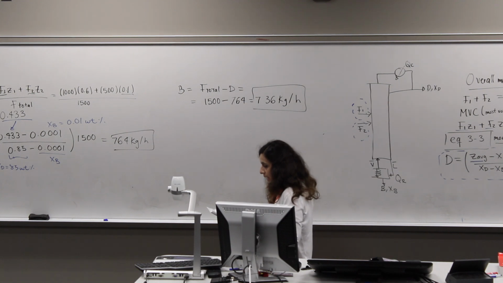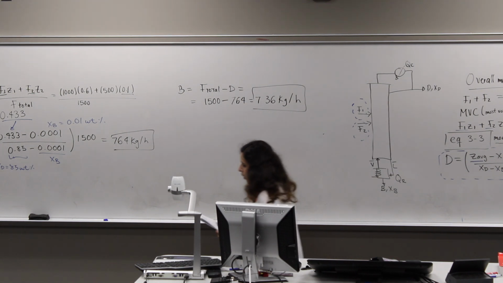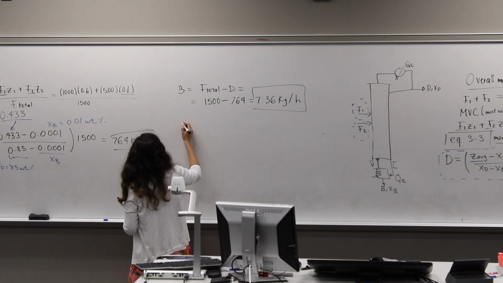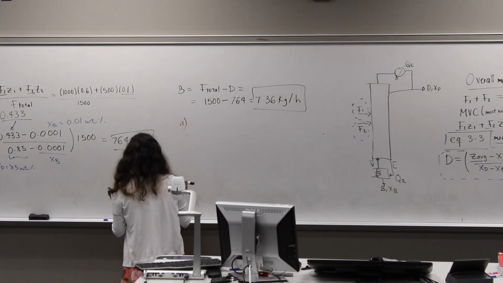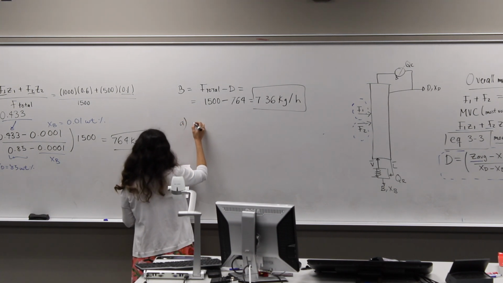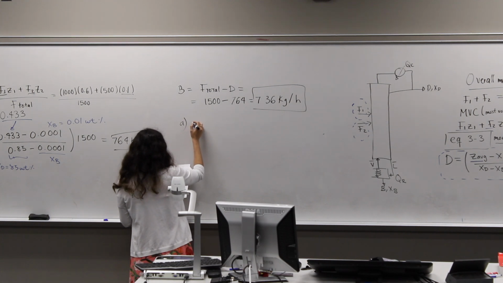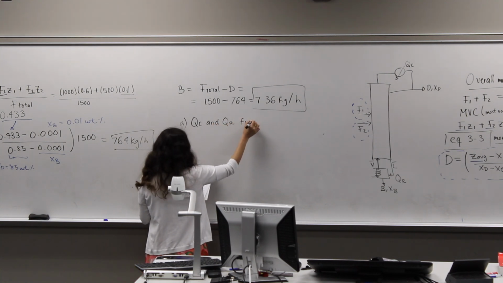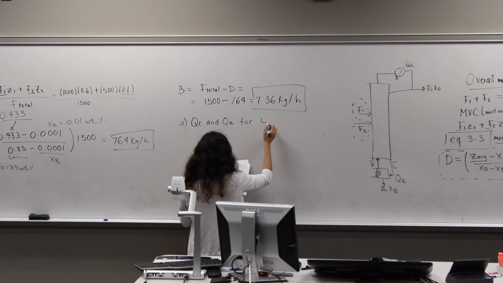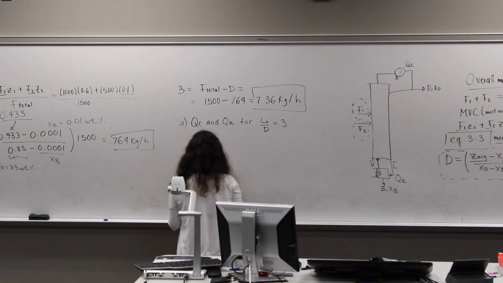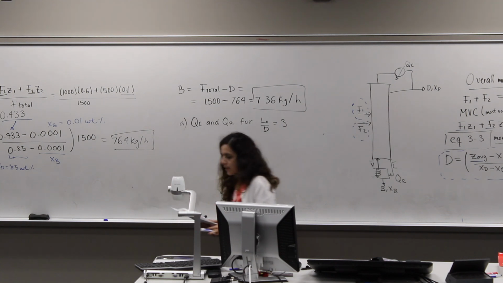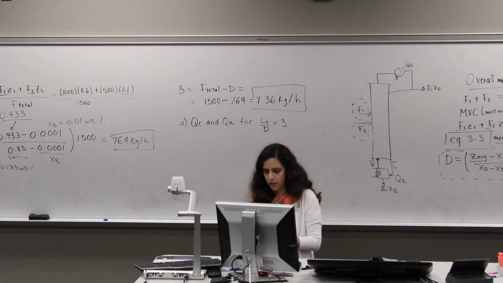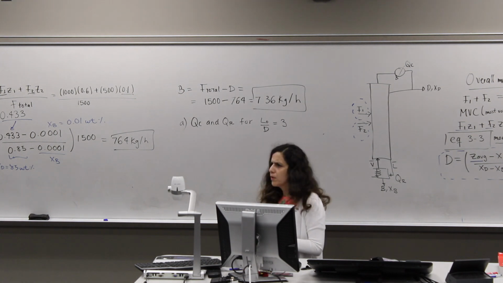We need to find now the heat and cooling loads for two cases. So we need to find the heat and cooling load for QC and QR for an external reflux ratio of 3. And this we have done in the past. In the example we did last class.